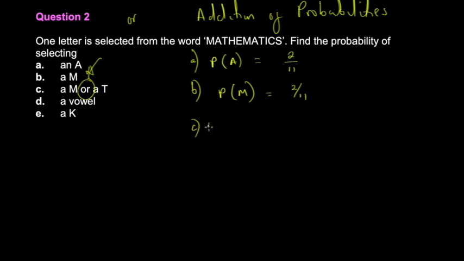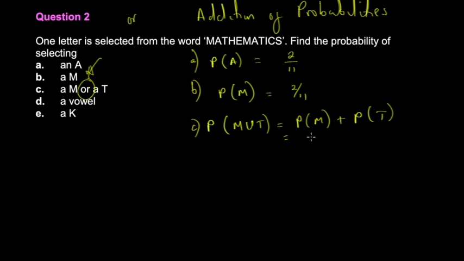So you can say probability of M union T, okay? So M or T. So you're uniting those probabilities. It's equal to probability of M plus probability of T, okay? So whenever you see "or", just know that we're dealing with independent events, and we have to use the addition rule.